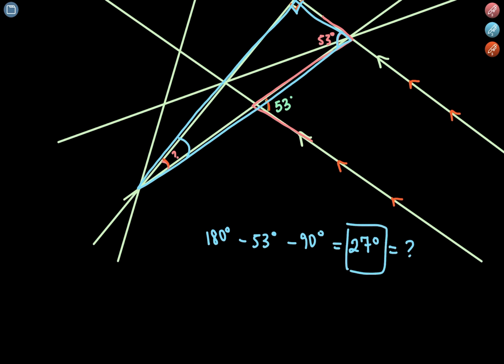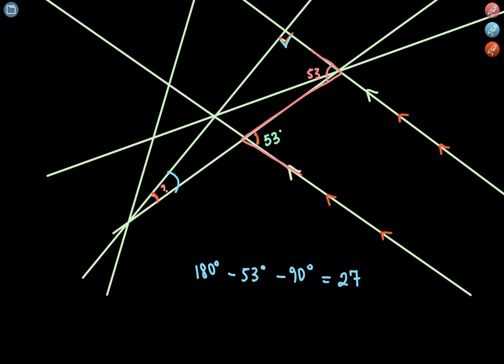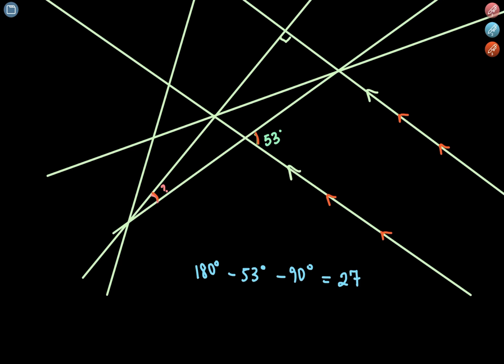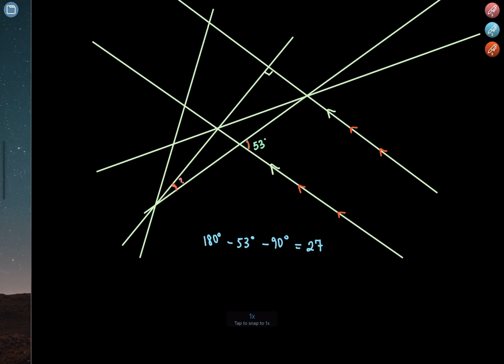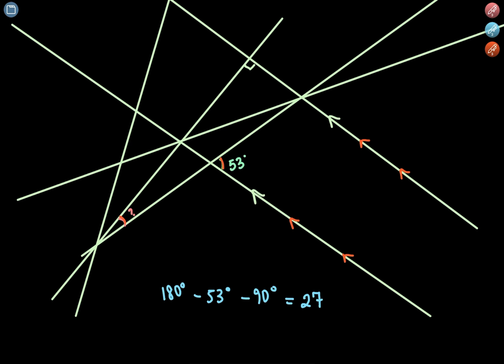Now another way we can do this question is actually, let's just go back. Yes. Another way we can do this is by taking a look at this. We see that this line intersects this parallel line and this parallel line.